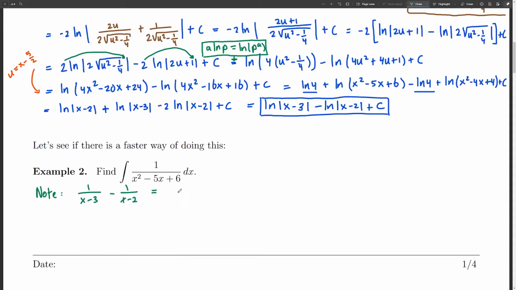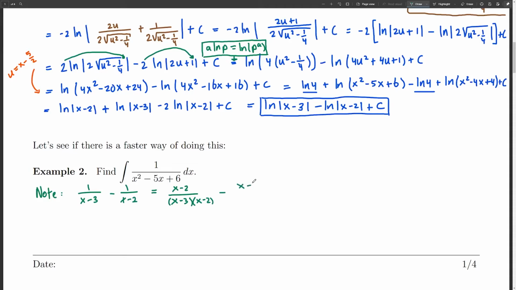Well, we'll have to find a common denominator. So we can multiply our first fraction by x minus 2 over x minus 2. So we'll get x minus 3 times x minus 2 in the denominator.